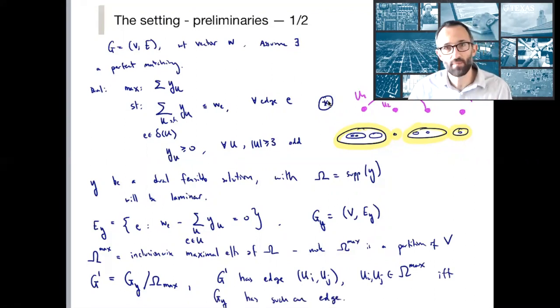So what you need to keep in mind for the rest of this lecture is what Ey is, what omega is, that's the support of our current dual solution. Omega max is the set of its maximal elements, and G dash is the new graph that's formed once I have contracted all of these nodes, all of the nodes in omega max.